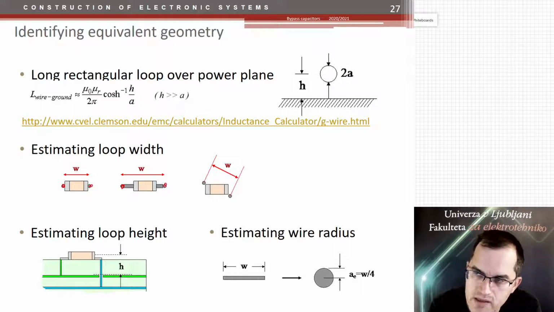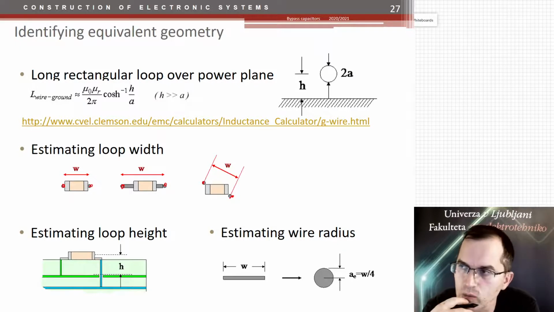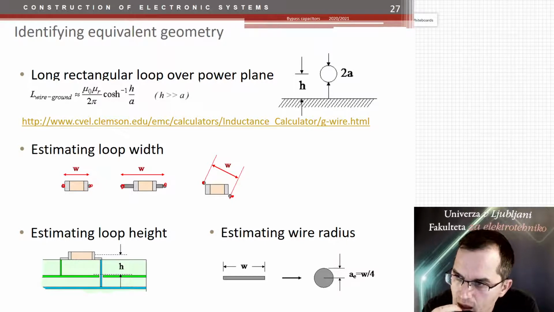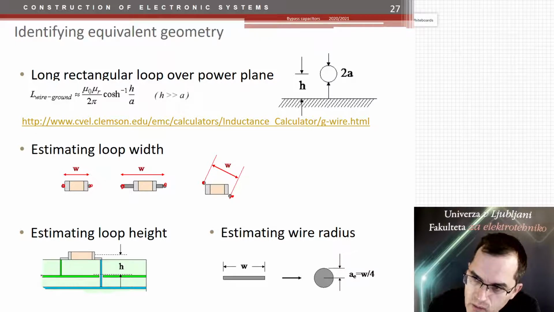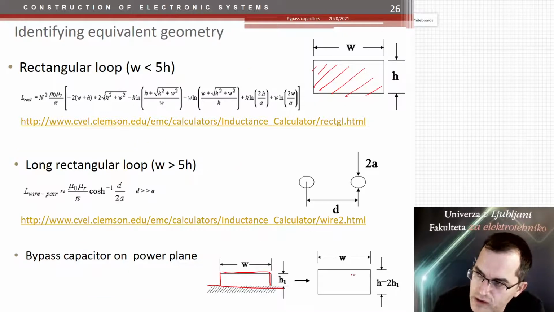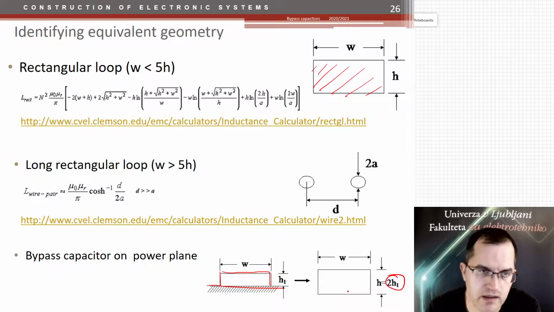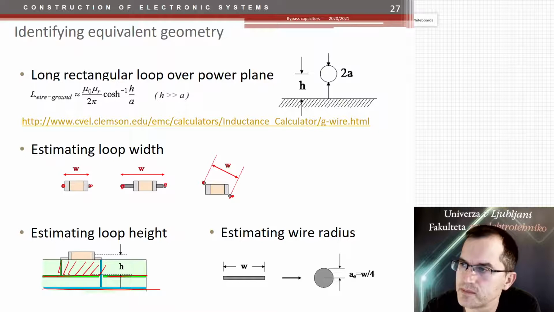And the height of the loop depends on where the ground plane is. So this is the ground plane, this is the power plane, and this is the height of the loop over the ground plane. But calculating that would require taking twice of that height to get the area of the loop.